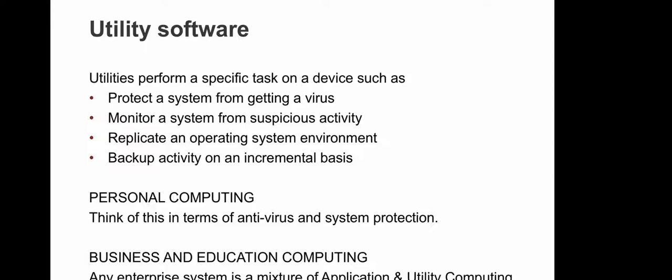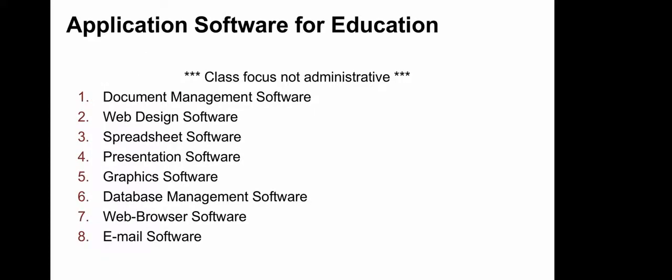Utility software is used a lot in educational computing, in administrative forums. But if it's in the classroom, it really stays with antivirus and maybe personal firewalls. I don't usually see people doing virtualization or backups of their computers unless they have some kind of need for it.